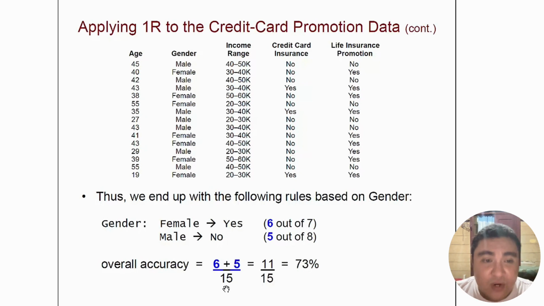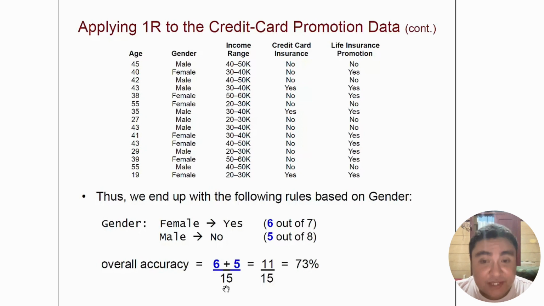So with this rule, if we try to predict our unseen data using gender, there's a 73% chance that you will generate a correct prediction.